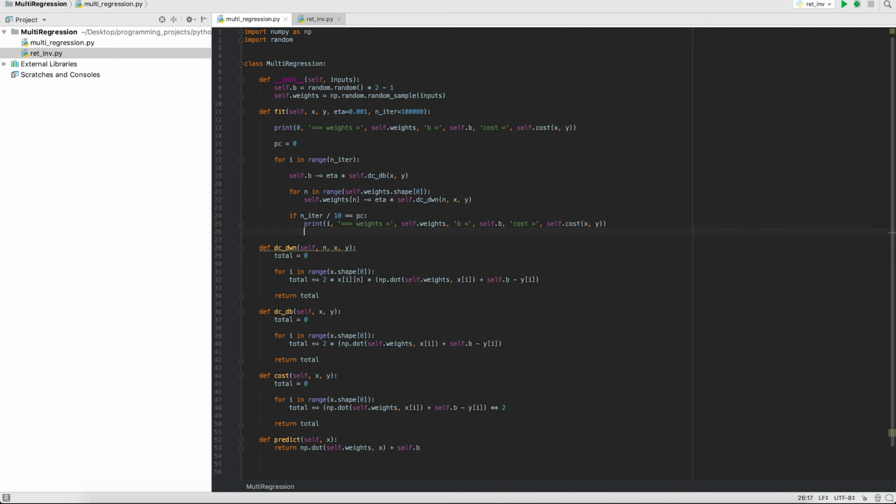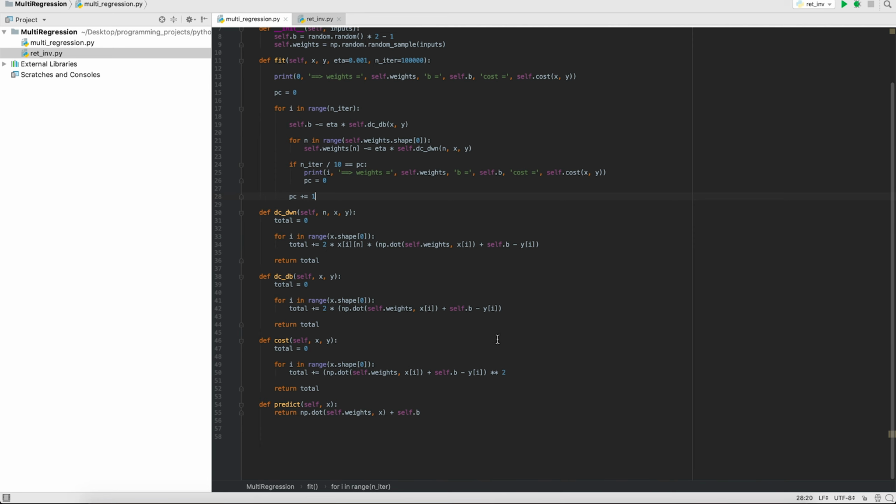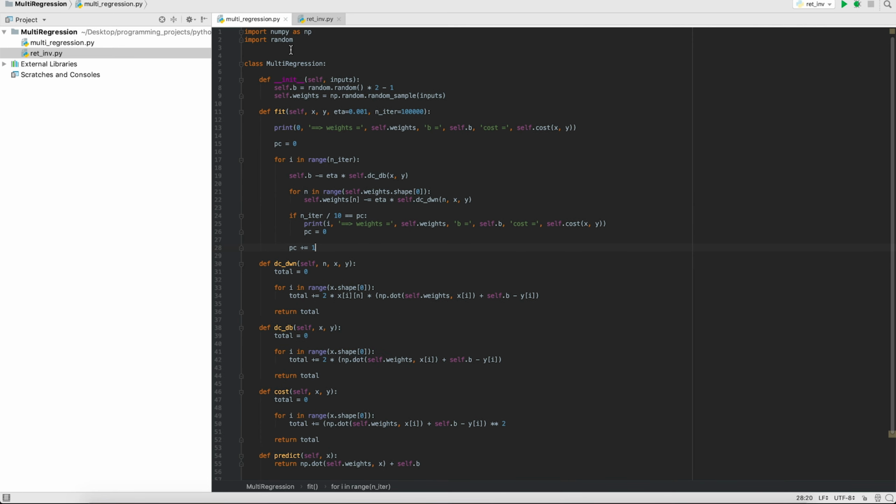And then let's reset the print counter, and then let's include the print counter plus equals 1. And I think that's pretty much it. I hope there are no mistakes. We'll just try it out and see if everything works fine. If something here is not working fine, then we'll go ahead and fix it.